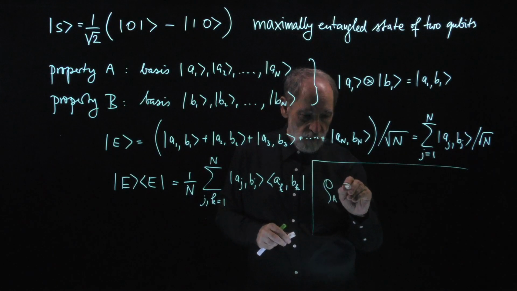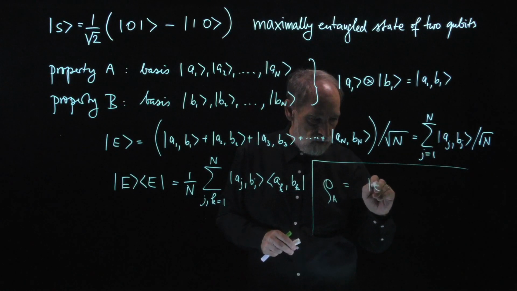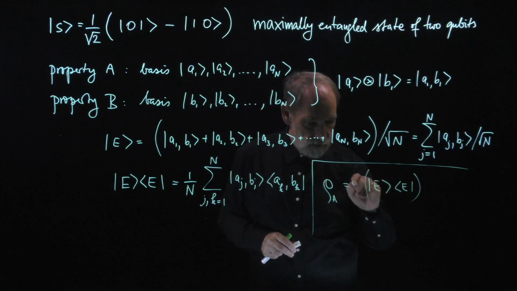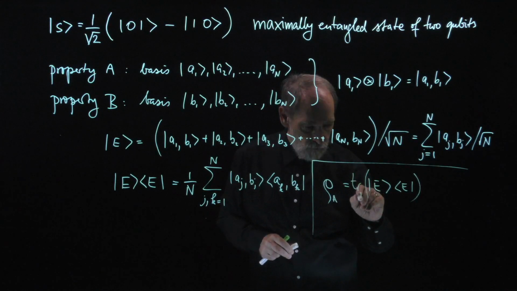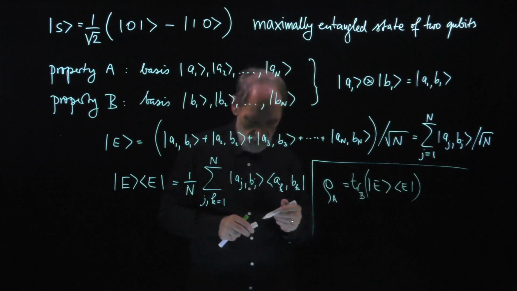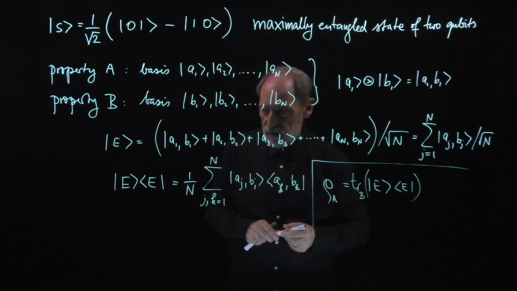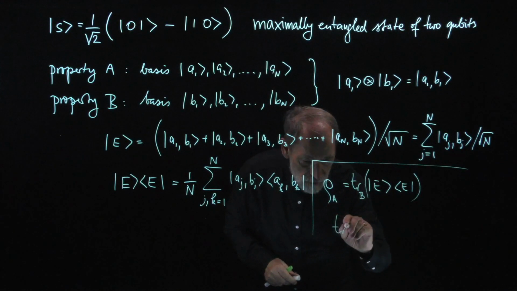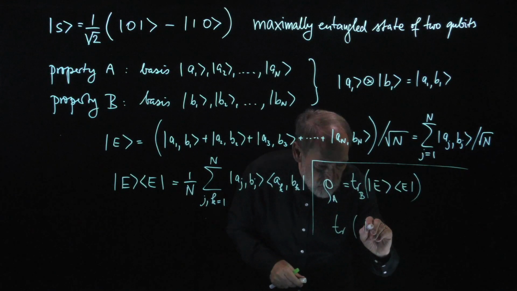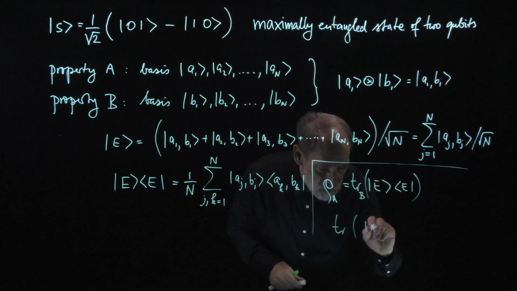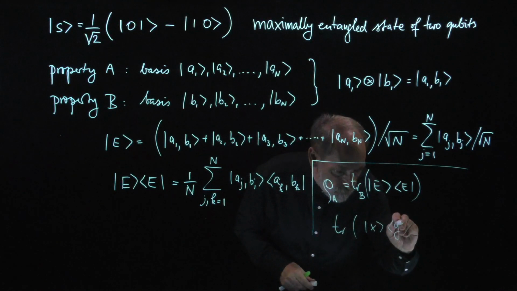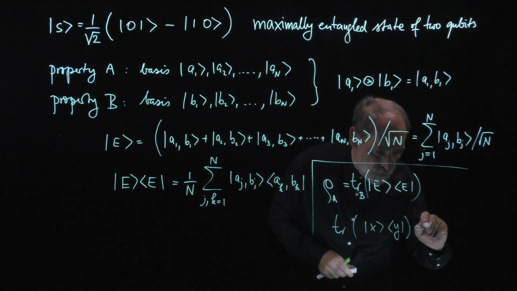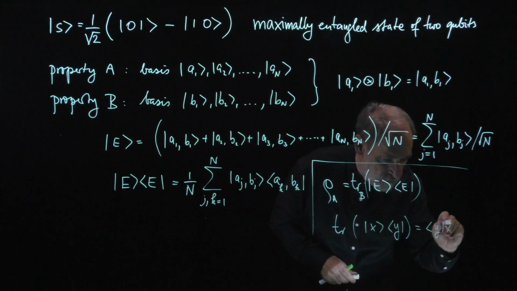And for that, we take the statistical operator for the joint system and we trace over system B. Now, the trace, remember, had this defining property that if I have a ket, say, X and another ket Y and a bra Y, then the trace of this ket bra is the bracket YX.